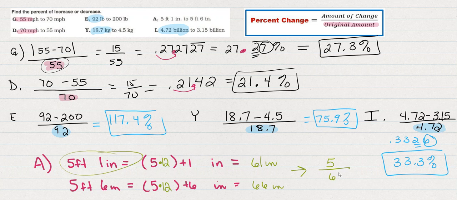So the 61 inch, when I divide that 5 divided by 61, I'm going to get 8.2%, an 8.2% change. Let's try a couple other examples.